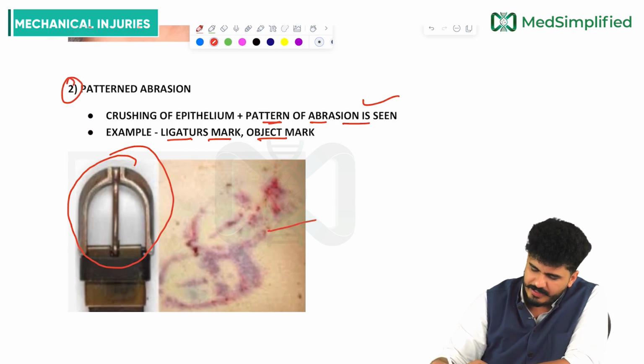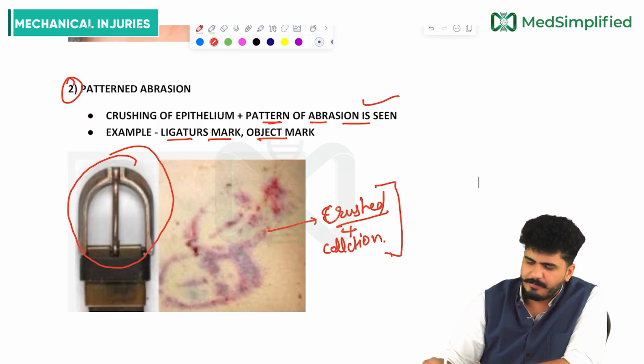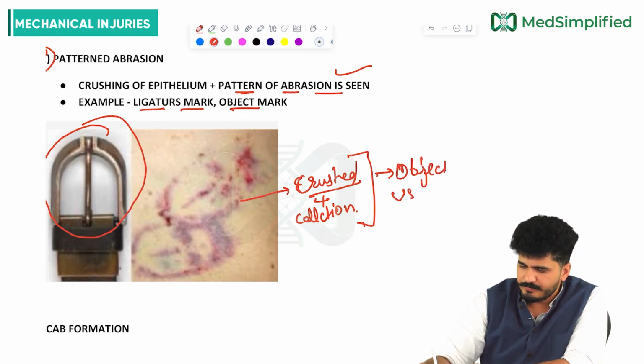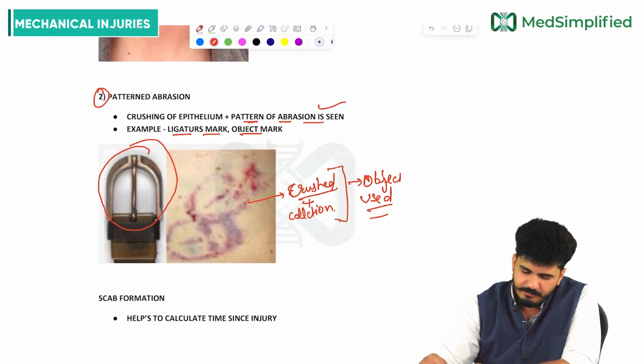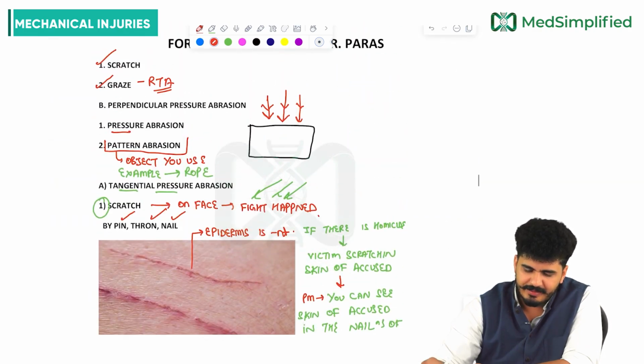Now your upper epithelium is crushed, plus there is a collection of blood. Crushed epithelium plus collection of blood will be telling you about the object used, my dear friends. So these are the important things you need to learn about abrasion.